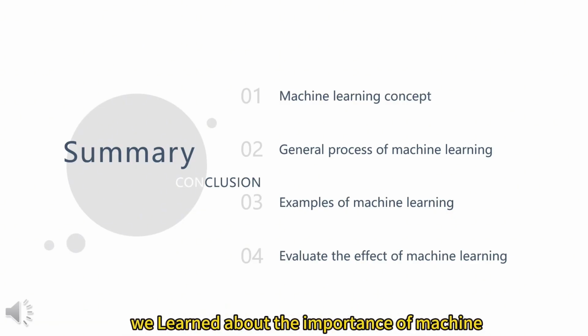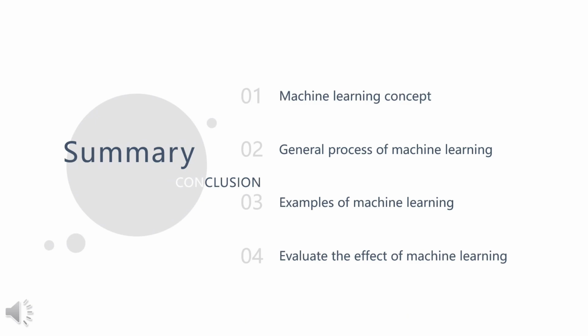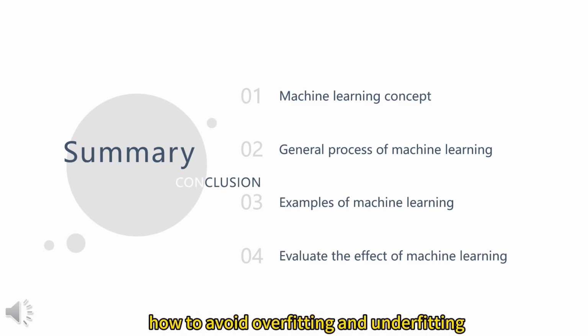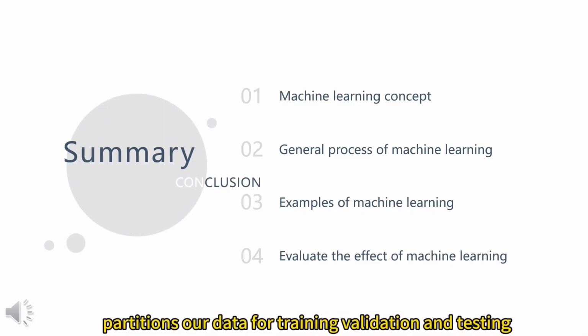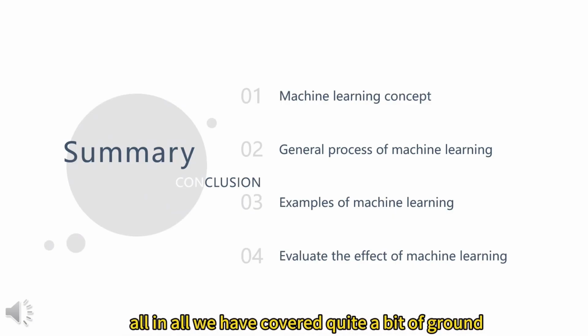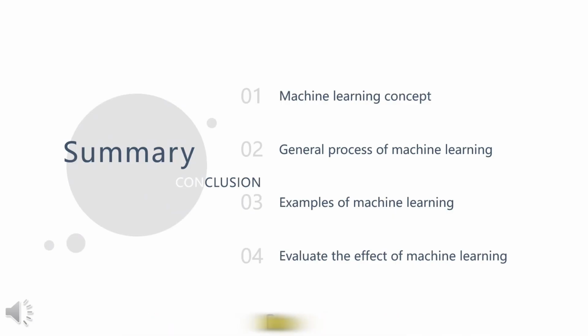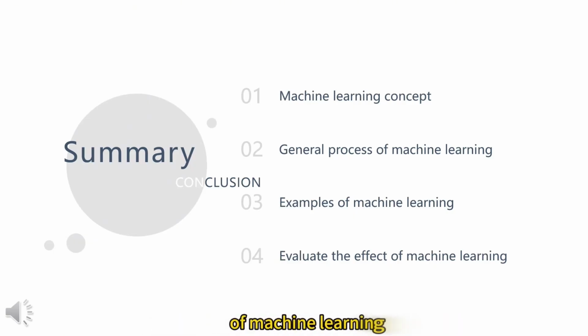We learned about the importance of the model's generalization ability, how to avoid overfitting and underfitting, and different ways to partition our data for training, validation, and testing. All in all, we have covered quite a bit of ground. Hopefully, you've got a better handle on the world of machine learning now.